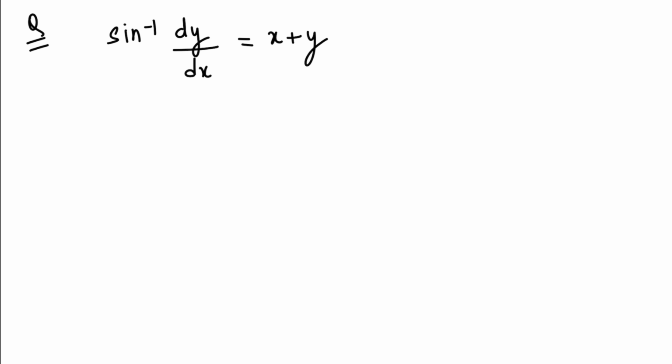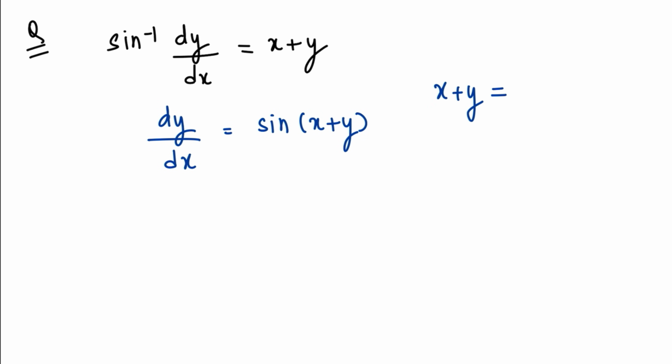See here in this question, I can write dy by dx is equal to sine of x plus y, right? So you have to figure out which form is given and then solve it accordingly. Let x plus y equal v. When I differentiate it, this will be 1 plus dy by dx equal to dv by dx.